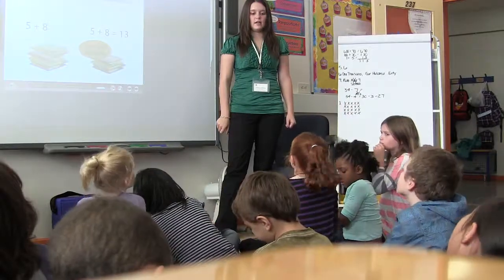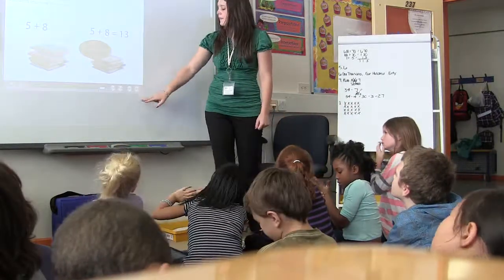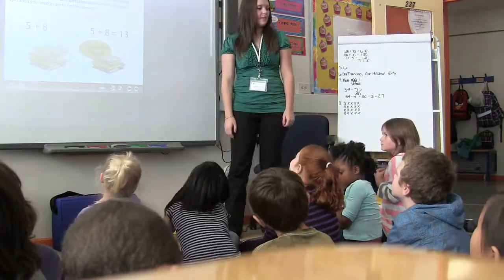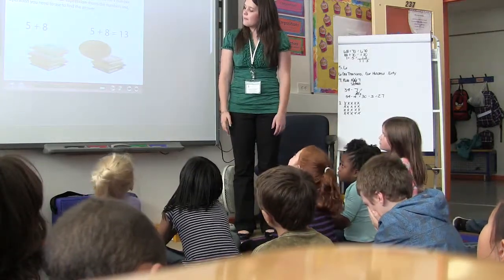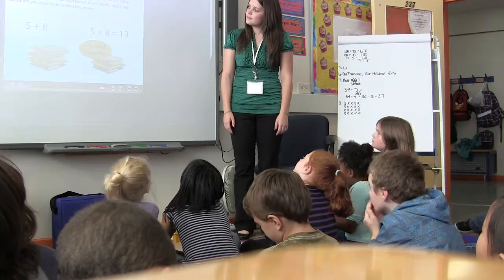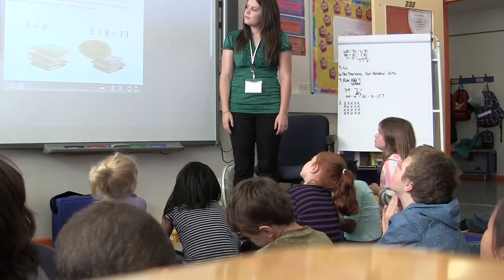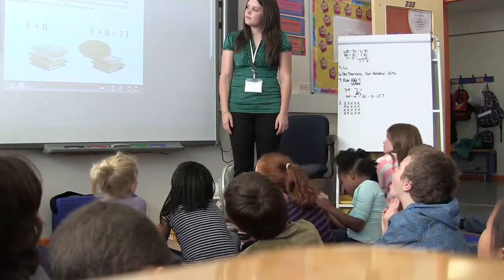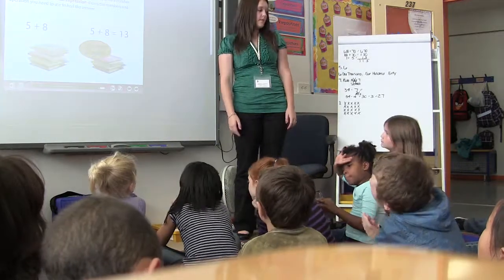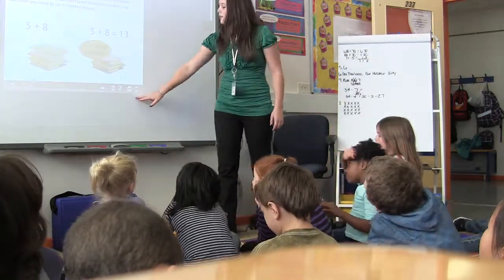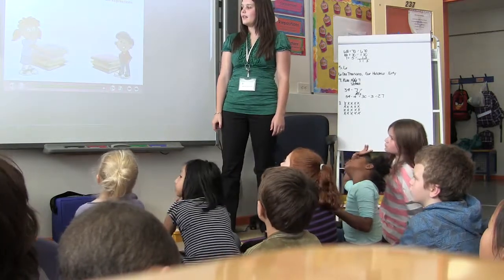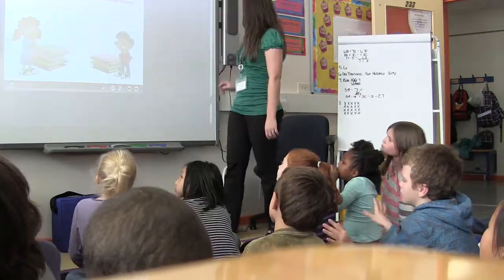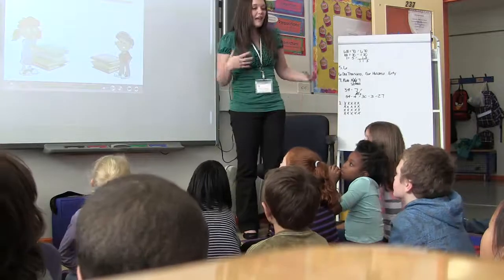Lacey. Subtraction. Good. A numerical expression does not have greater than, less than, or equal to, while a number sentence does. A numerical expression shows the numbers and operation you need to use to find the answer. Now you know how to translate words into numerical expressions.